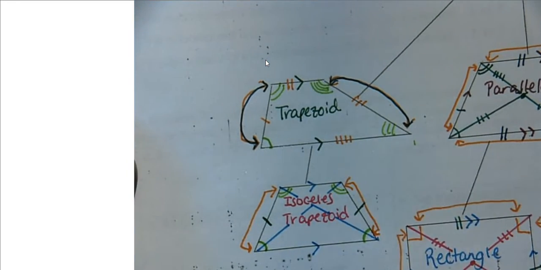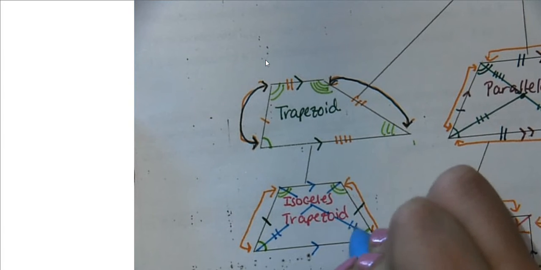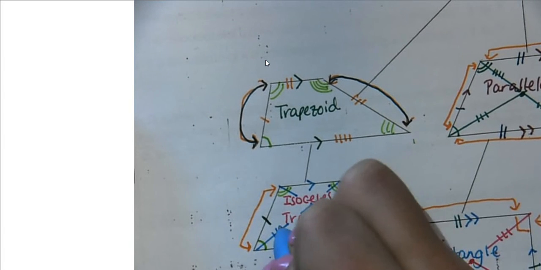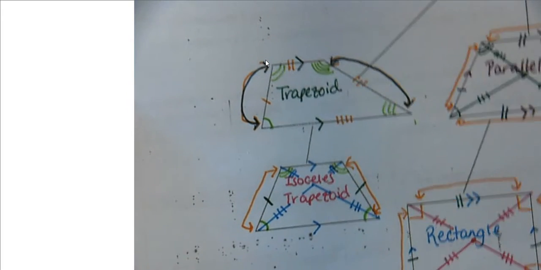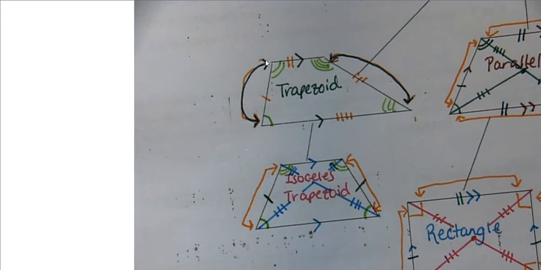So I'm going to try to mark up with double tick marks, just to show that the diagonals do not bisect each other. They are not perpendicular. They do not bisect opposite angles, but the only thing that they do have is that the diagonals are congruent to each other.